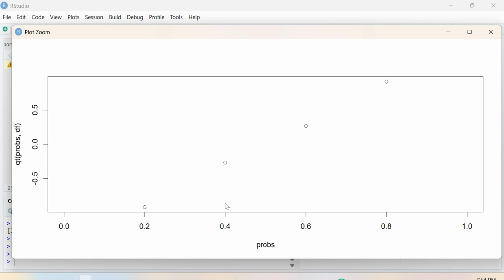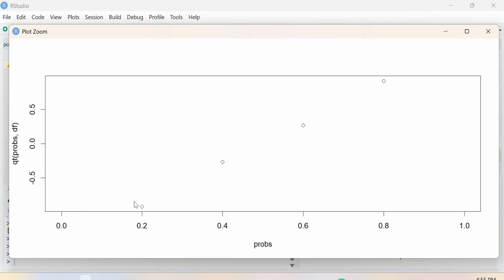So about 40% of all the values in this t-distribution with 5 degrees of freedom are less than minus 0.2, right? And for 0.6, it gets a value of about 0.3 here. So about 60% of all the values in this t-distribution are less than 0.3, right?